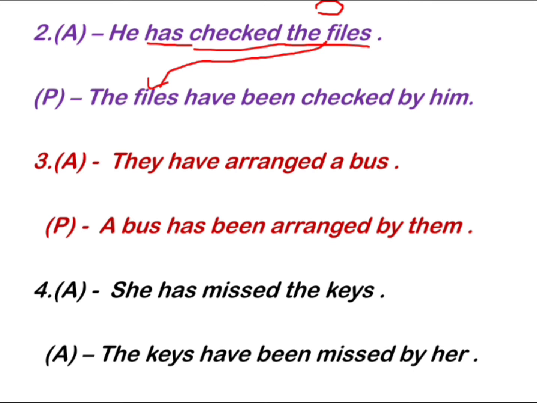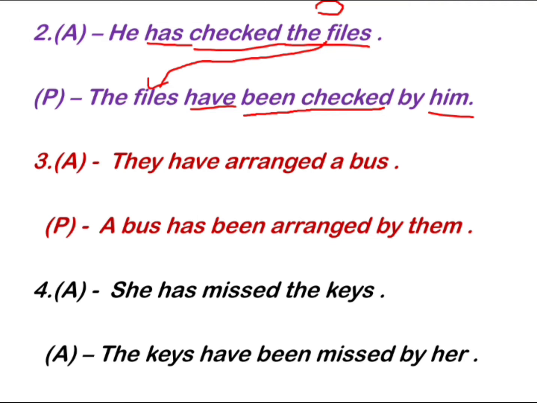The files is plural, so we use have. Been is the be form of verb for the perfect tense, and checked is the past participle. We use him instead of he. By is used to denote the doer of the action. So the passive voice is: the files have been checked by him.